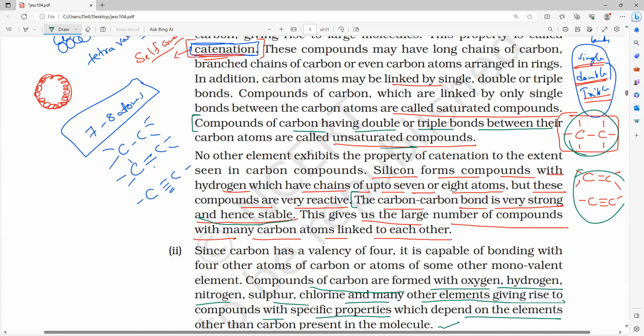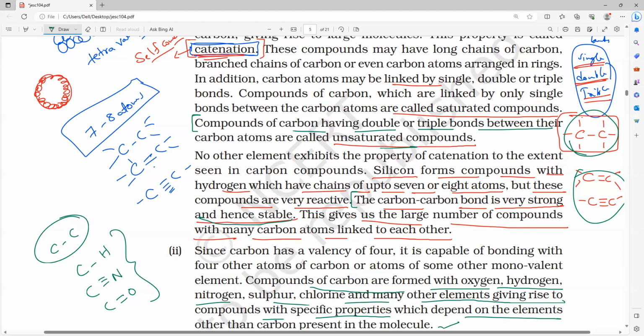So keep it in mind: carbon with hydrogen, carbon with nitrogen, carbon with oxygen, these bonds are also very strong. That is why the compounds are stable in nature. That is why carbon is always special.